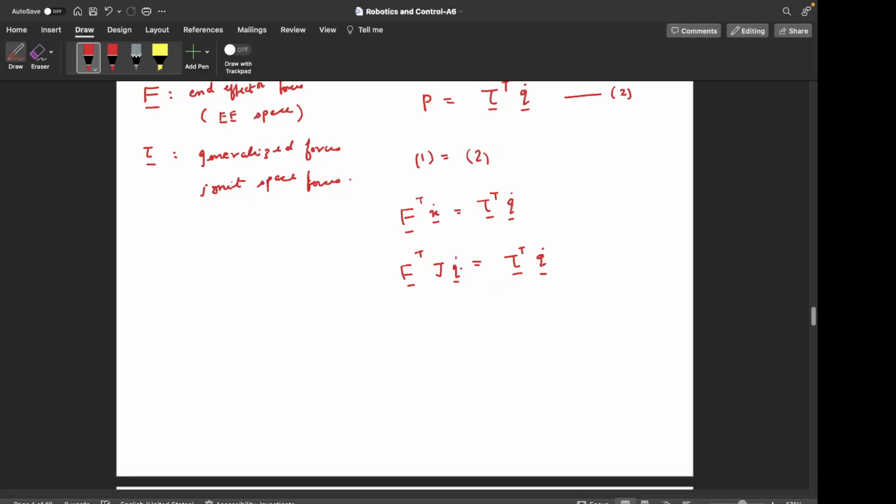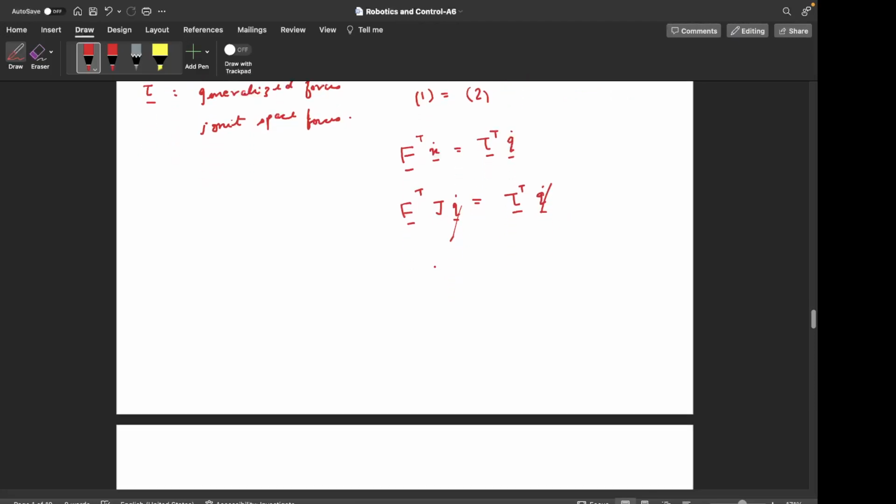Now q dot gets cancelled, right? So what remains is F transpose J is equal to tau transpose, right? Now if we take transpose on both sides, what will we get? Tau is equal to J transpose F, right?